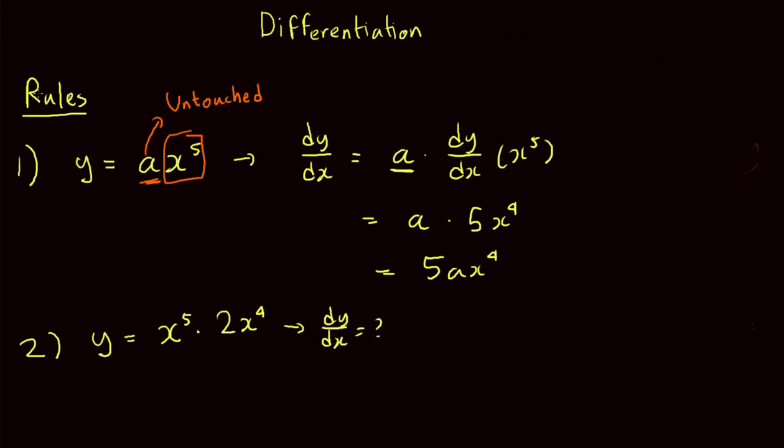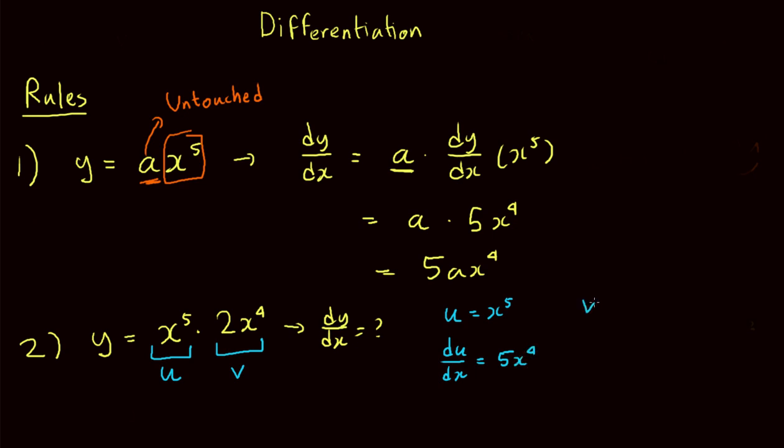Okay, so one way to do it is to split into 2 parts. We're gonna split this x to the power of 5 into a part known as u, and the 2x to the power of 4 into the part known as v. So we're gonna have a function of u as x to the power of 5. Therefore we're gonna differentiate it, which would take the du dx, and this will become 5x to the power of 4.